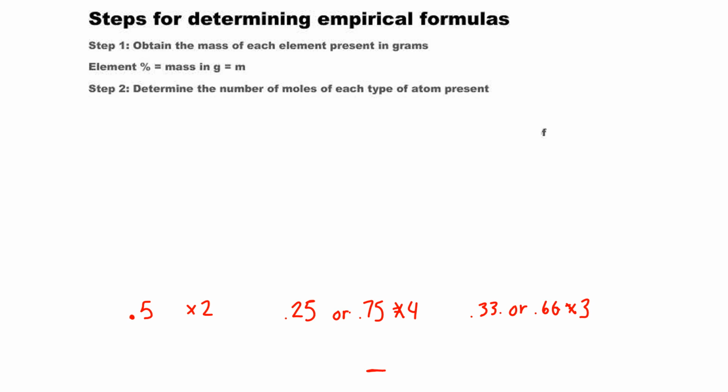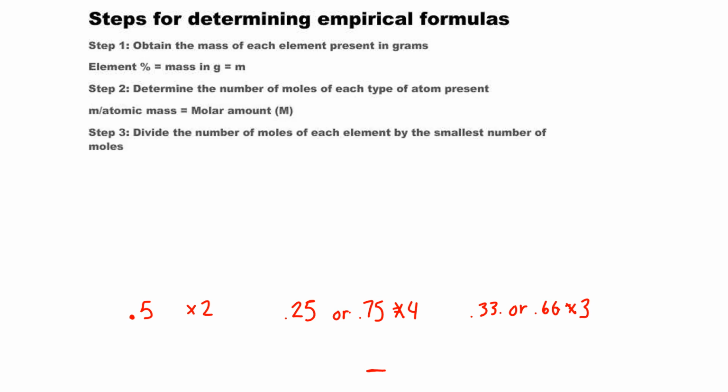The next step is to determine the moles of each type of atom present. To get moles from a mass, I divide by the molar mass off the periodic table.